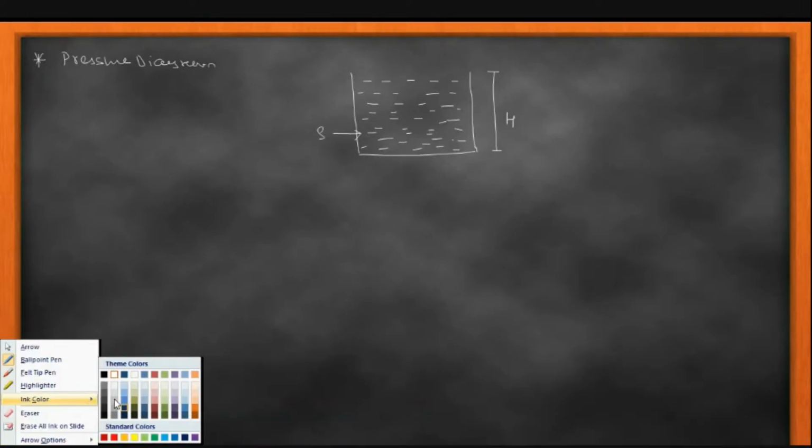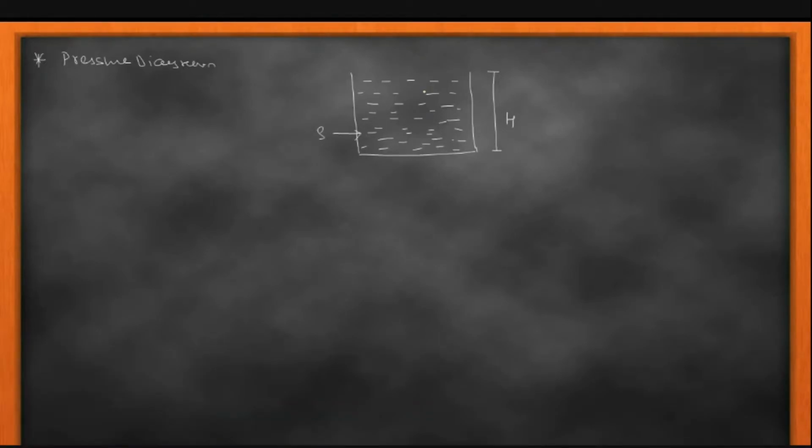So students, suppose I have one tank. The height of this tank is, let's say, h, and the liquid that I fill in the tank has a density of rho. Suppose I locate 2-3 different points in this tank.